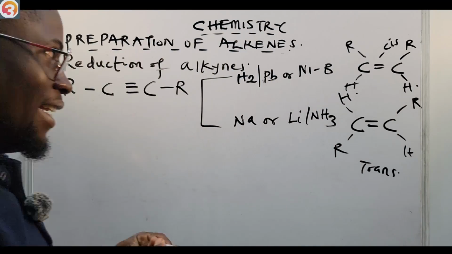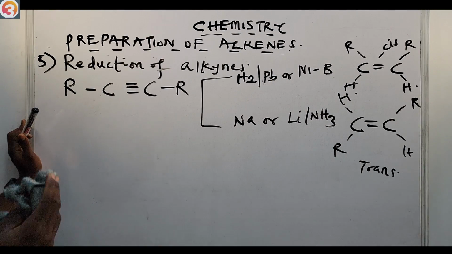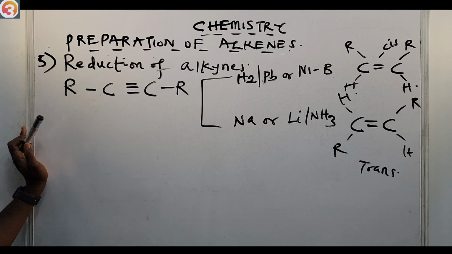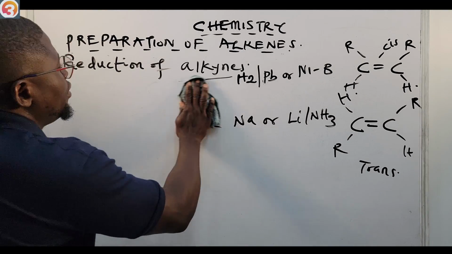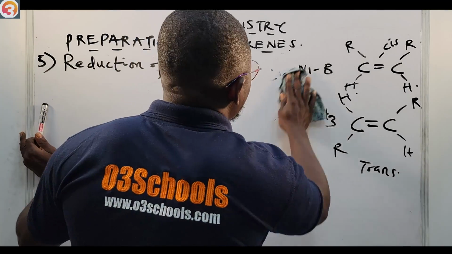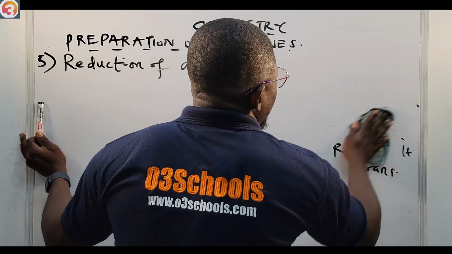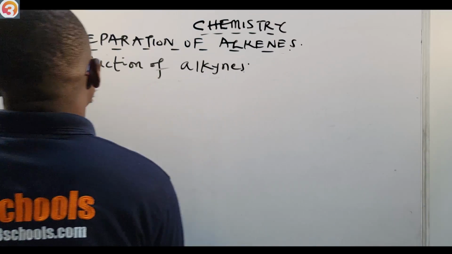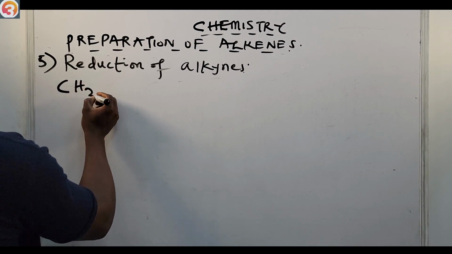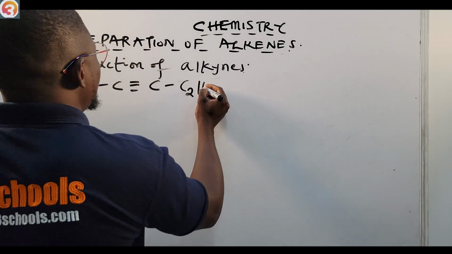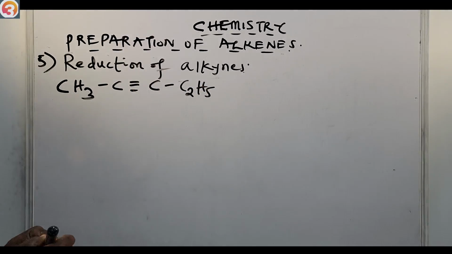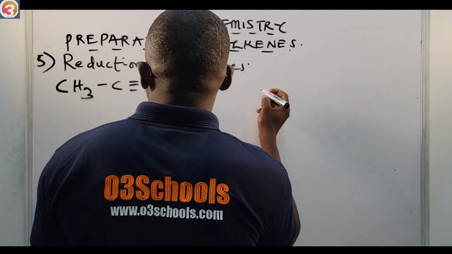Now, let us take an example to bring this point further home. If, for example, we have an alkyne like this: CH3, C triple bonded to C, then C2H5, in the presence of a catalyst.